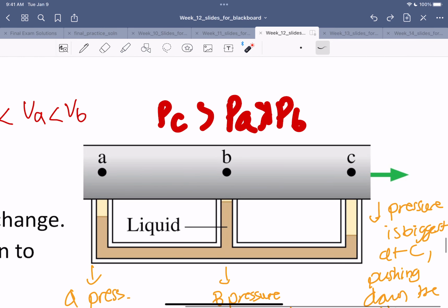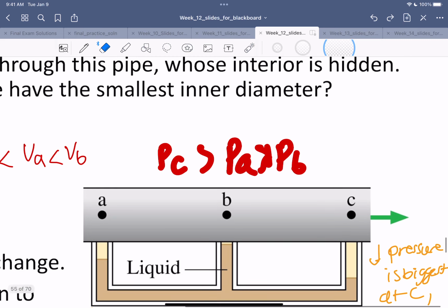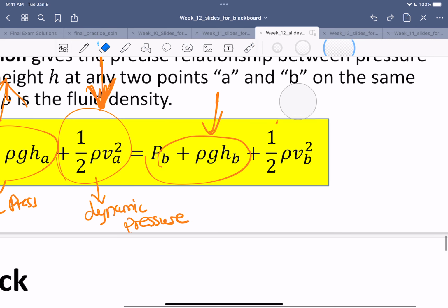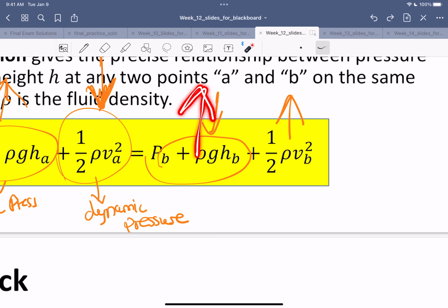Would C have the fastest gas or not? No, right, because if it has the greatest pressure, it actually has the slowest speed. Going back to that idea of static and dynamic pressure: the greatest static pressure at point C, because it's pushing down the most, would mean the least dynamic pressure.